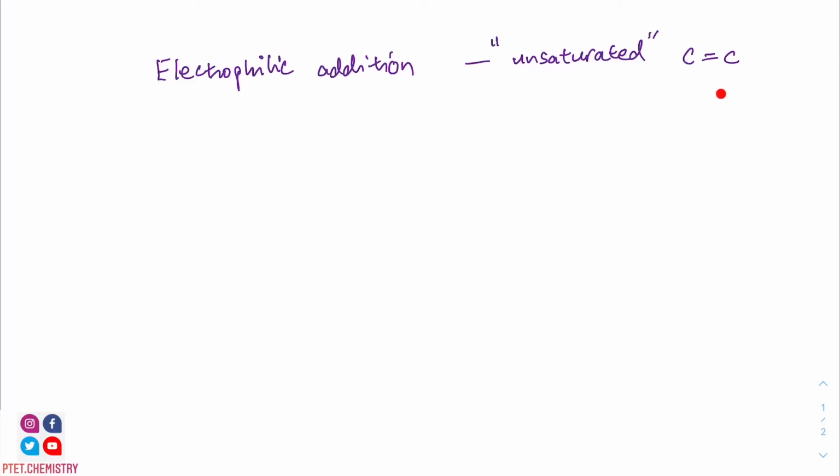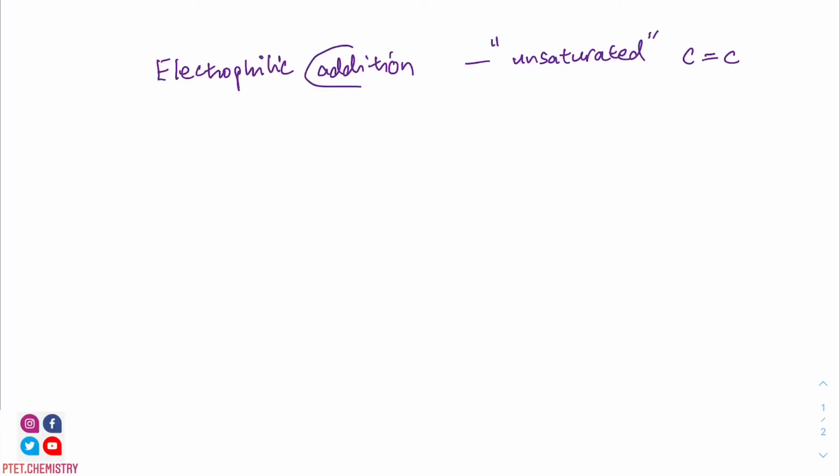But in actuality, it also includes the carbon-carbon triple bond. Although most A-level syllabuses, including Cambridge International or other major UK examination bodies, don't really cover a lot of carbon-carbon triple bond chemistry. So we'll focus on the carbon-carbon double bond during electrophilic addition.